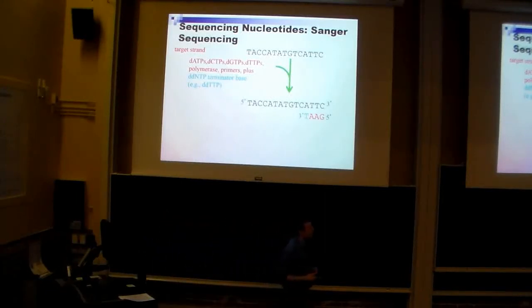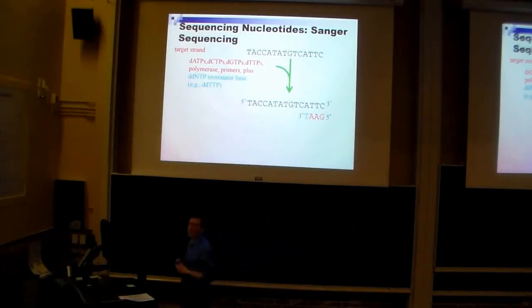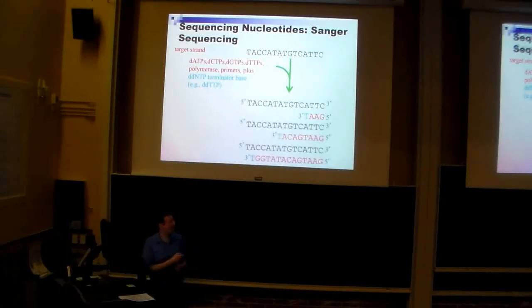And this has the property that if you have lots of strands in parallel, so you've got a nicely replicated or purified piece of DNA, and you run this reaction many times in parallel, every time you have an A, you have some chance of incorporating a good T and continuing the replication, and some chance of incorporating a terminator T and blocking it. So after running many copies of this, what you'll end up with is strands that run out to all the positions where there was an A in the original strand.